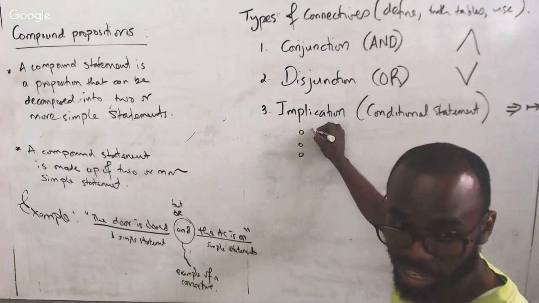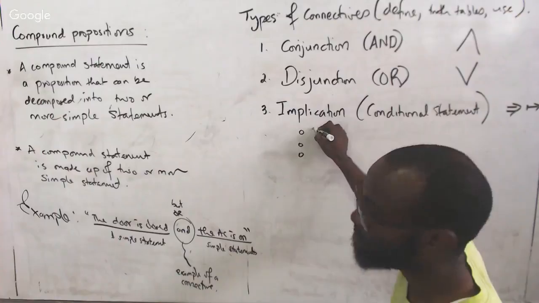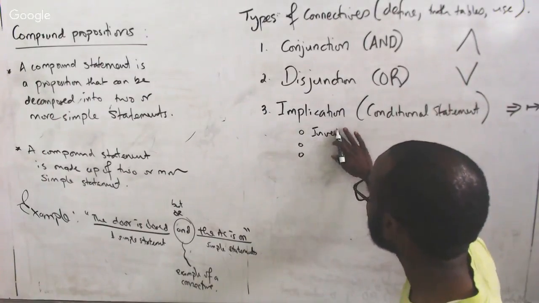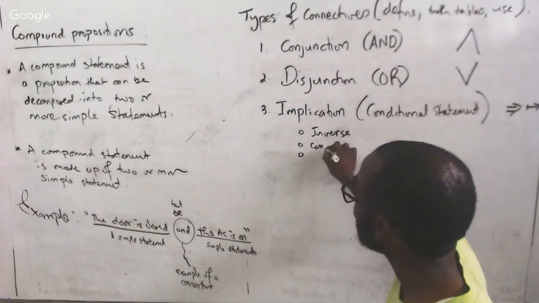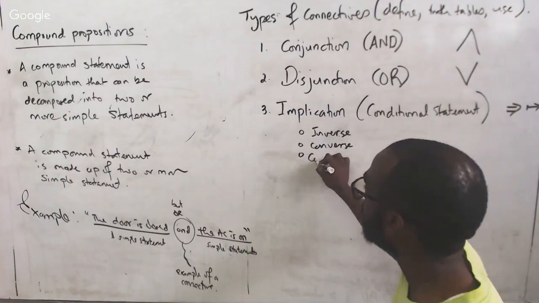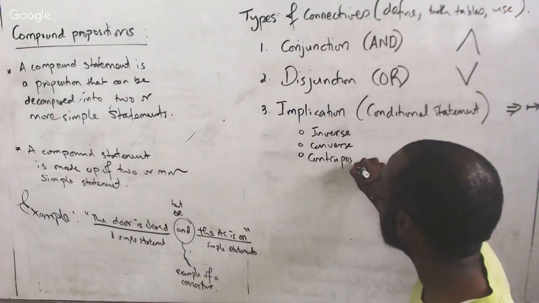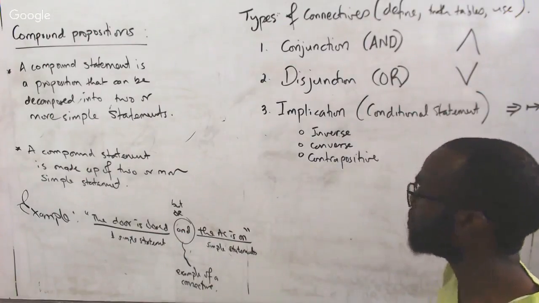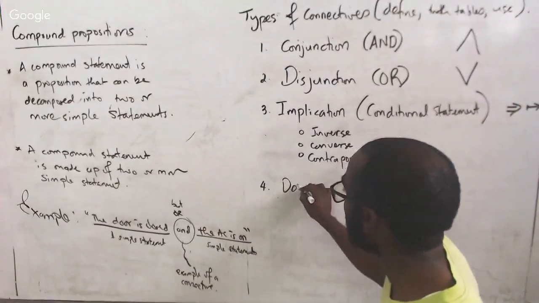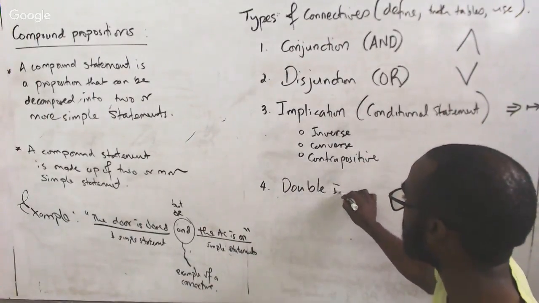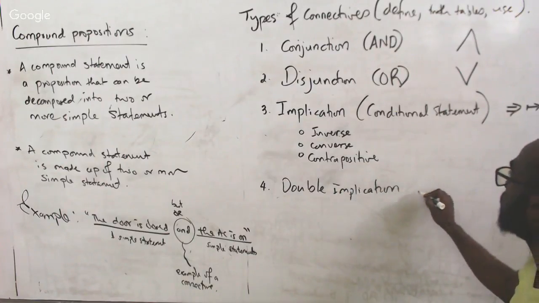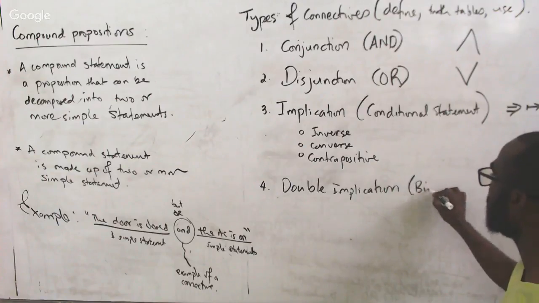Under the implication, we're going to talk about the inverse, the converse, and it's not a shoes, and the contrapositive. Then four, we're going to talk about the double implication, or the biconditional statement.